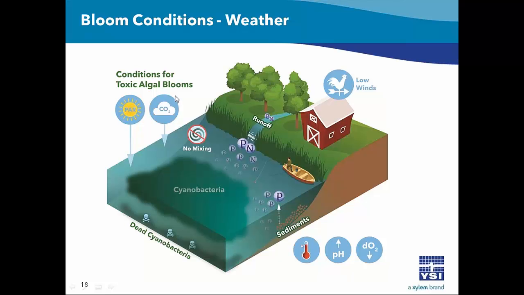But in terms of weather conditions, for instance, low winds can be an issue that favors the formation of a harmful algal bloom, because there would be no mixing of the water. Sometimes mixing of the water really helps to aerate the water, and those less stagnant conditions make it harder for those scum-forming algae and some of those other algae to bloom up.